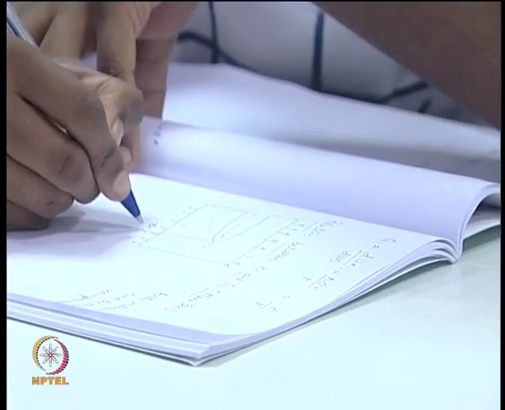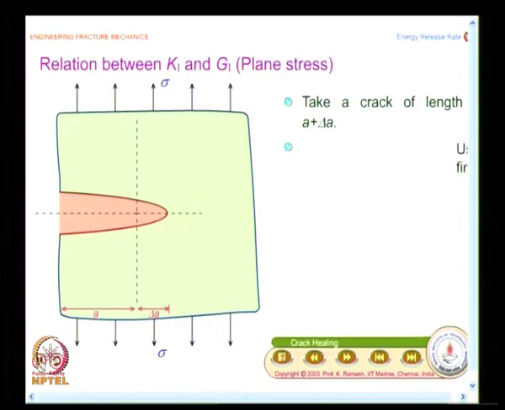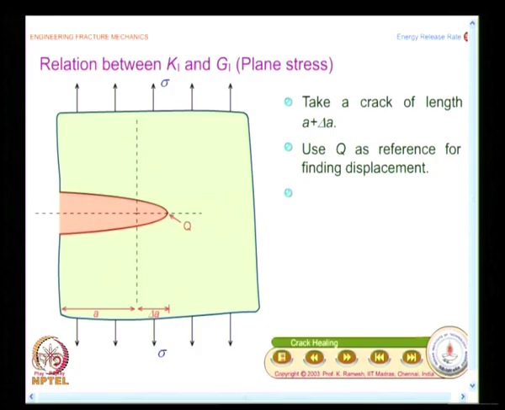So, you have the plate with a crack of length A plus delta A, and now we have spent time developing the stress field as well as the displacement field. I have this as the tip of the crack. What I am going to do is, I would try to close the crack for the length delta A. See, mind you, here I am looking at what happens ahead of the crack tip.